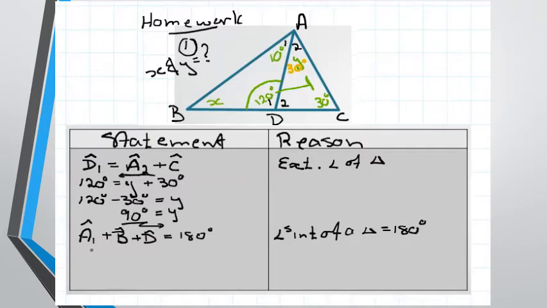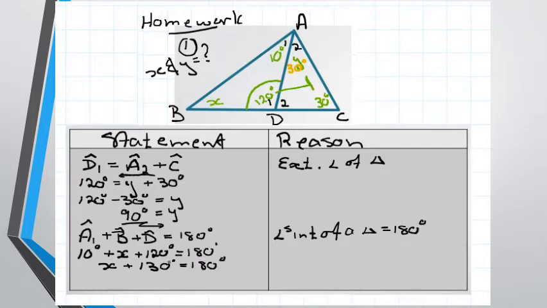Angle A1 given to me to be 10 degrees, plus angle B, the one I need to determine, X, plus D given to be 120 degrees, equals 180. On the left, 10 plus 120, so I'm going to have X plus 130 degrees equals 180.